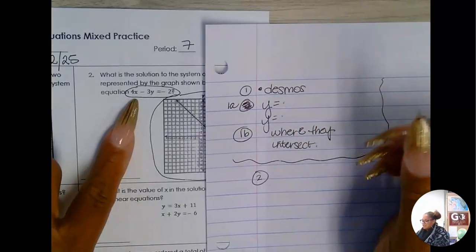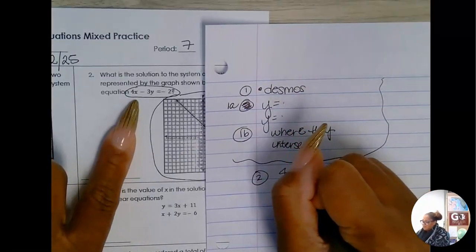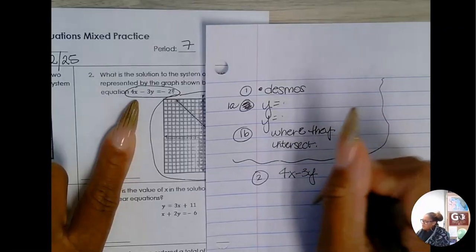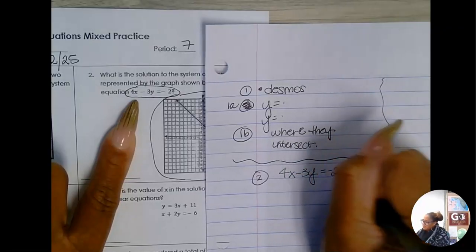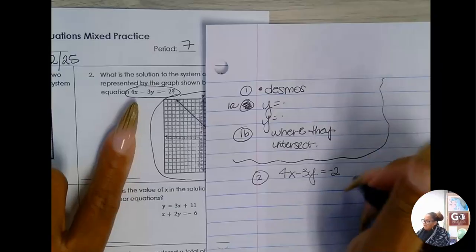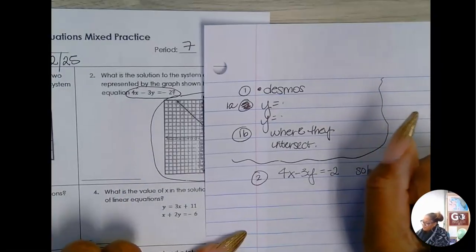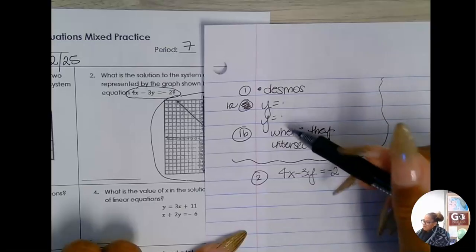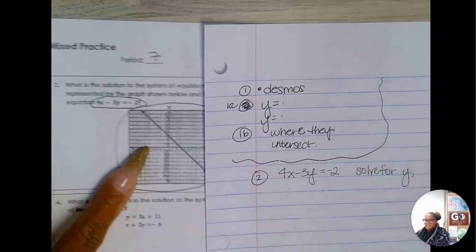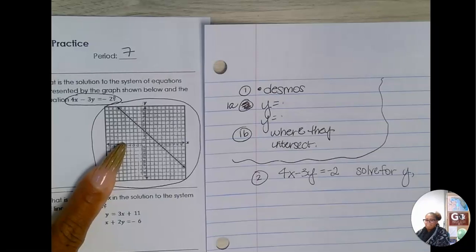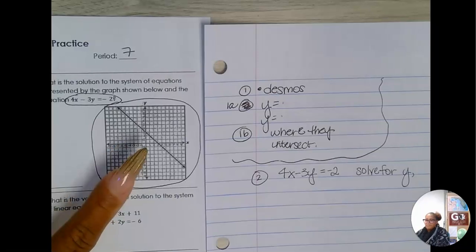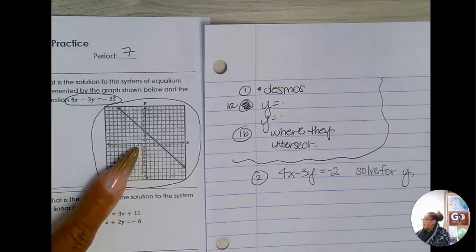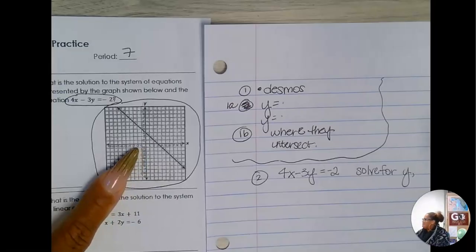So, for this first thing, what must I do here? No distribution because there's no parentheses. I've got to solve for y. After I solve for y, what will I have to do with this? I can't graph a graph. Take some points. Make a table.